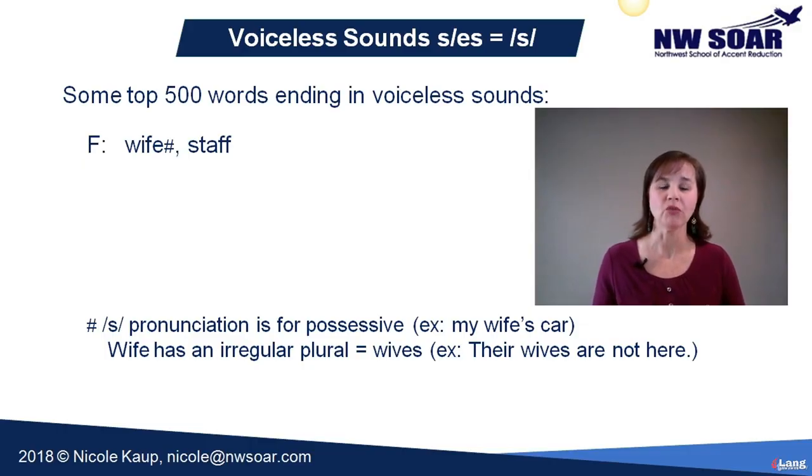The plural of wife is wives. So if you're talking about 2, 3, or more wives, you're actually going to change the F to a V. The V is a voiced sound, so the S ending will be pronounced as a Z. So in this case, plural is wives, but possessive is wife's. Now staff is normal, it's staff, and the plural is staffs.